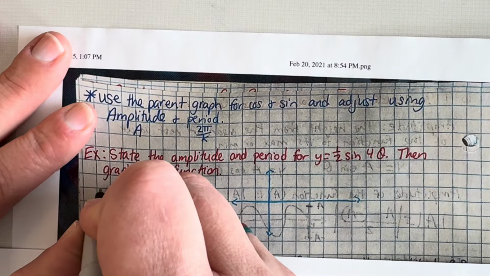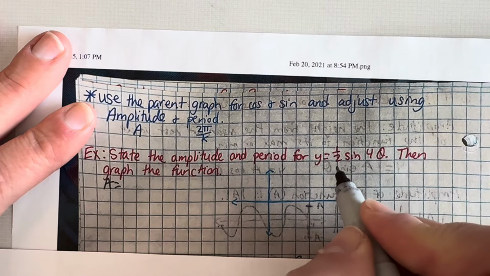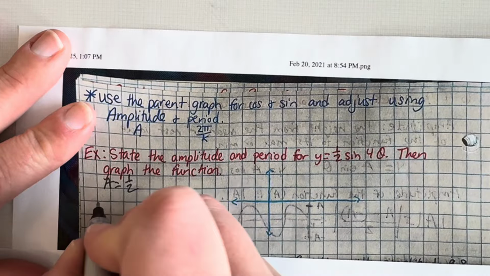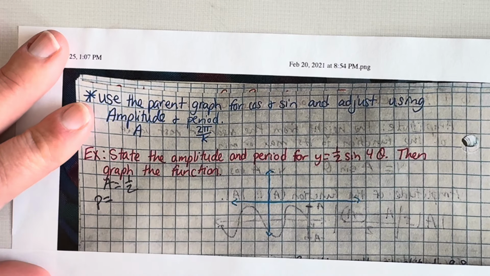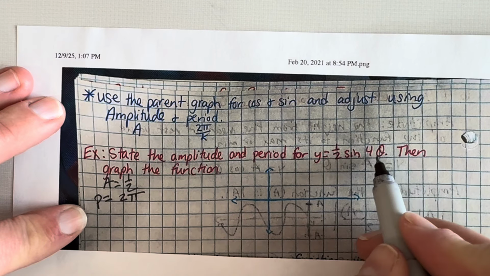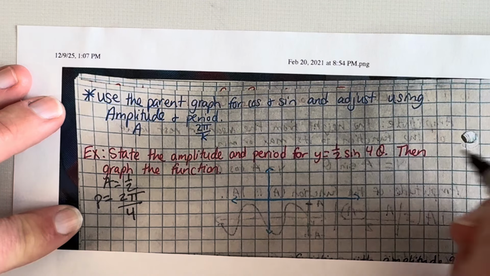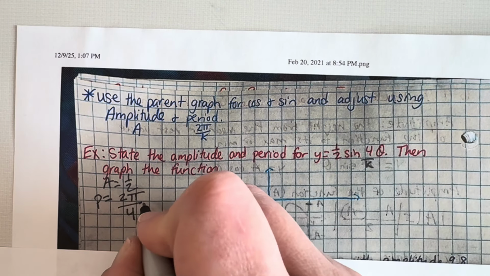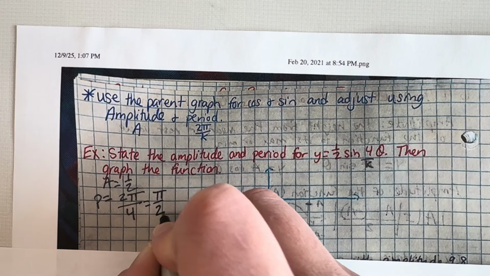I know that my amplitude equals a half, and my period is going to be 2 pi over k, and my k is 4. So this is pi over 2.